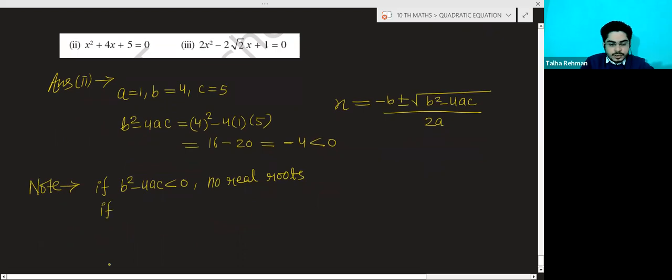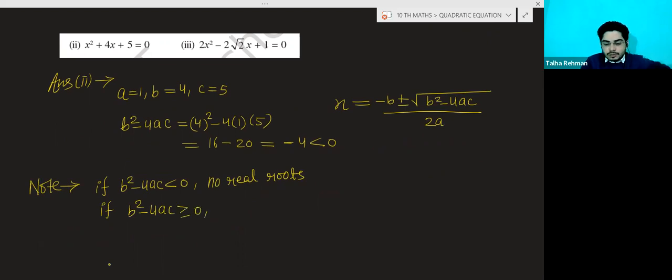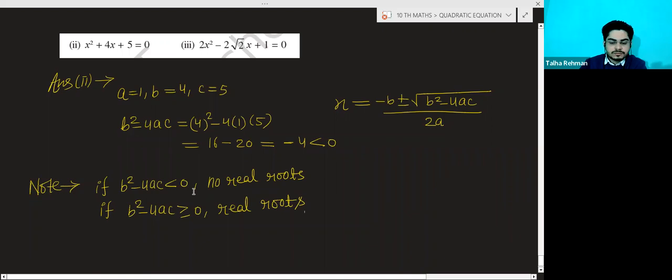If B square minus 4AC is greater than or equal to 0, then real roots are possible. Just write down.